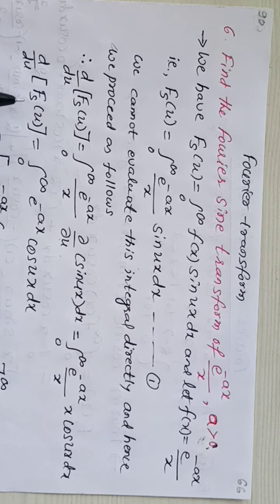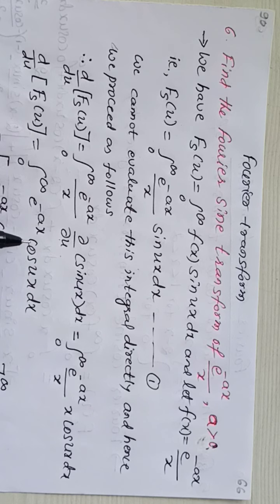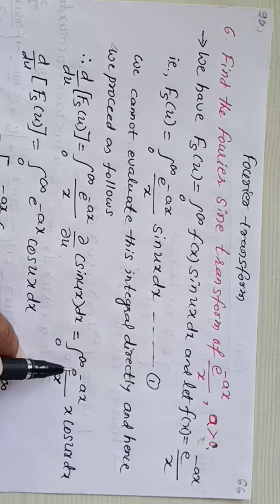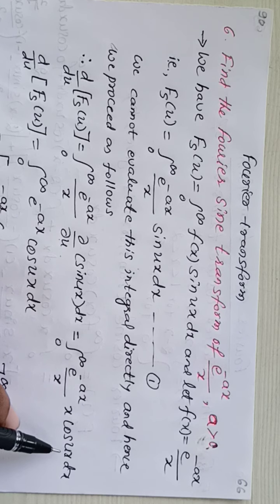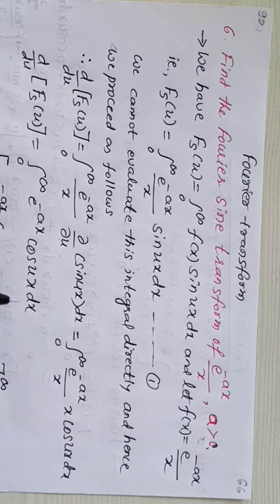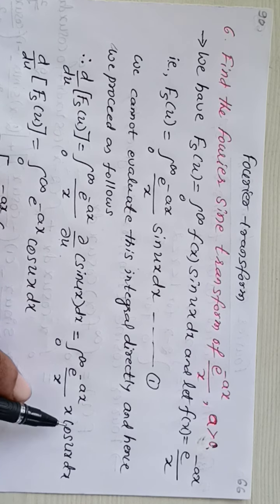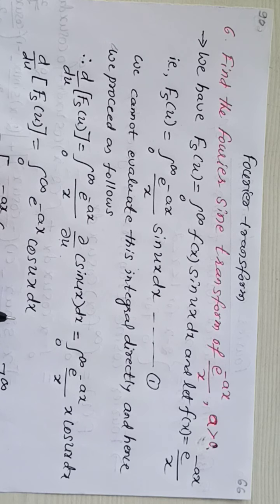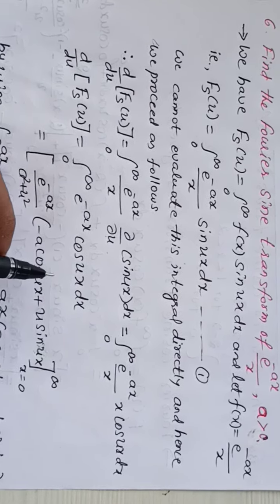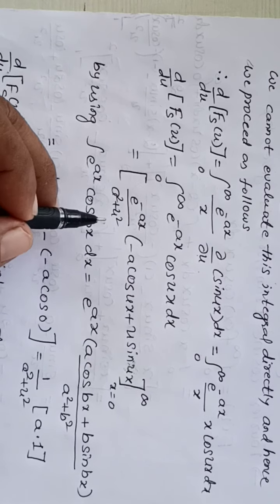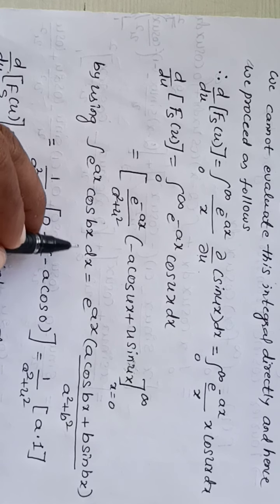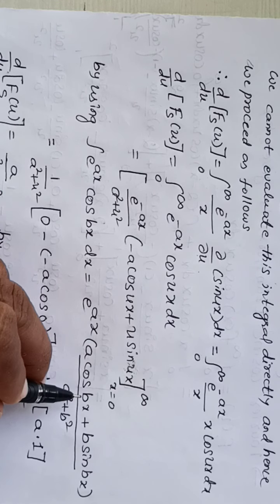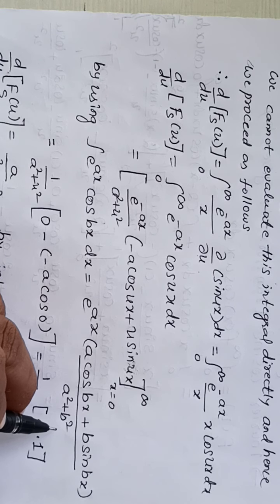Next, d by du of F_s(u) = integration 0 to infinity e raised to minus ax, the constant term, and here x gets cancelled, with cos ux as it is. Now I am going to integrate this part using the formula we studied in the first module: integration of e raised to ax cos bx dx is e raised to ax (a cos bx plus b sin bx) divided by a square plus b square.